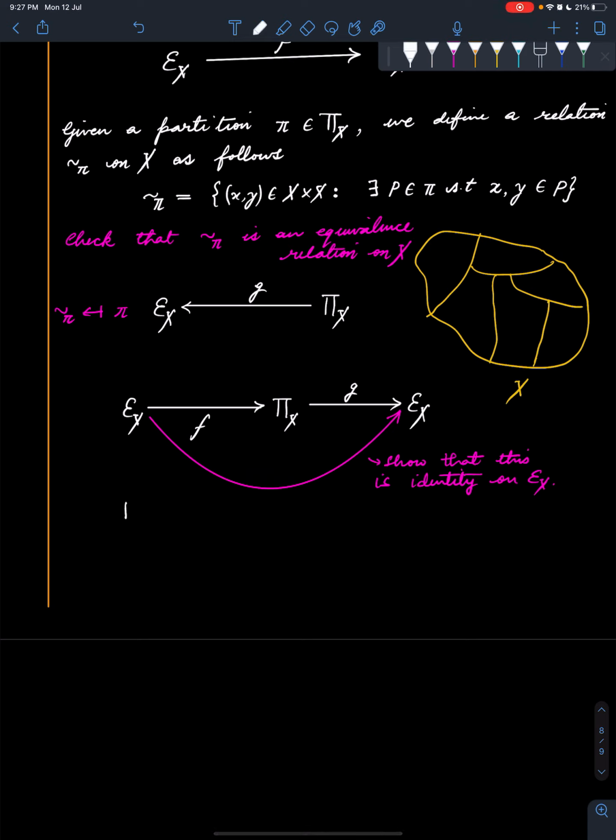So if you start at pi sub X, you go via G, and then you go via F, then this time let me use a different color.